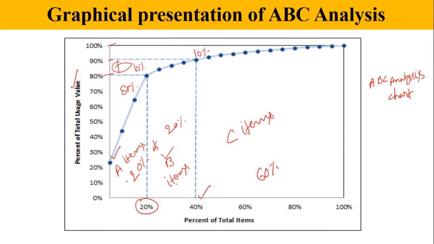Hence A inventory is given much care, control and importance, and is taken care of by higher level management as per the principle of management by exception. This is about ABC analysis explained using the graphical presentation in the given chart.